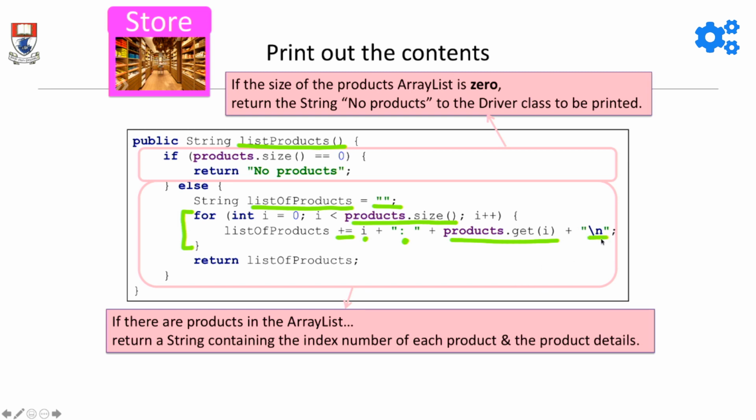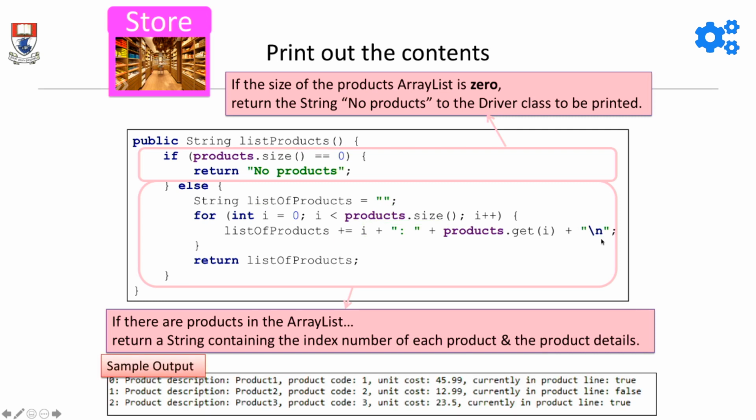So this is going to go around, and if we take a look at some sample output, we can see, for example, if we had a collection with 3 products in it, the index would go from 0 to 1 to 2, and it would say product description, whatever that product was. Using our products.get method, it brings back all of the information that we need in order to be able to build up this string.